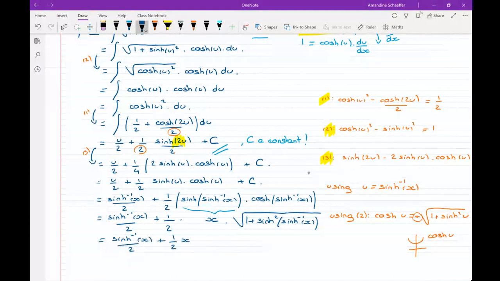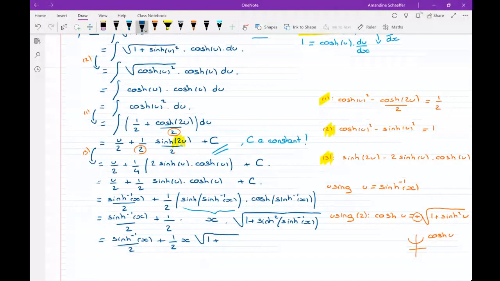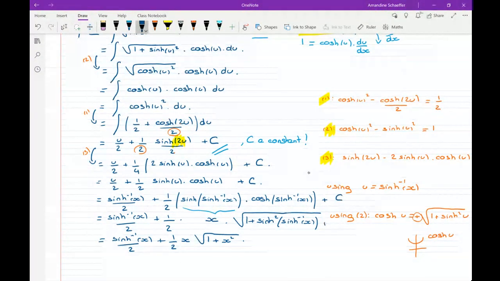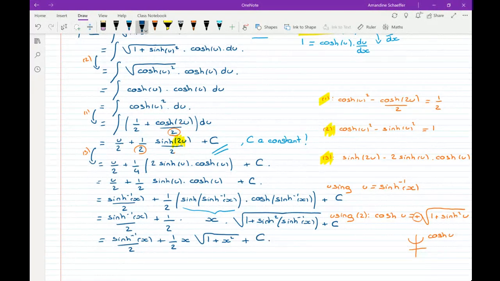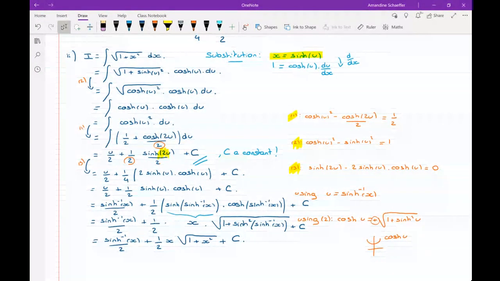Square root of 1 plus, well, sine of sine -1 of x is just x, and everything is squared. So there's a square here. And there's something I forgot here. Anyone? Yay, thank you. Plus c, and plus c. Okay, done. So I hope you followed it. You just go step by step and see where you get stuck and which identity could help.